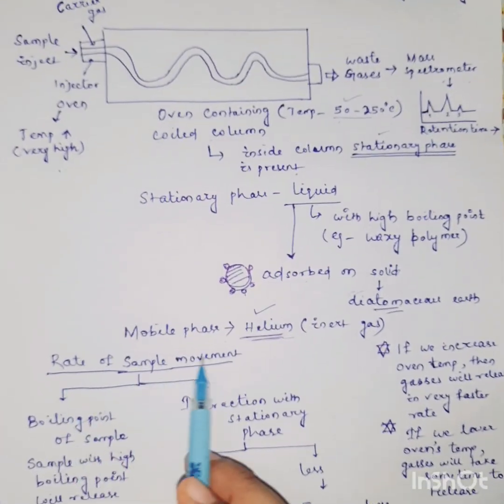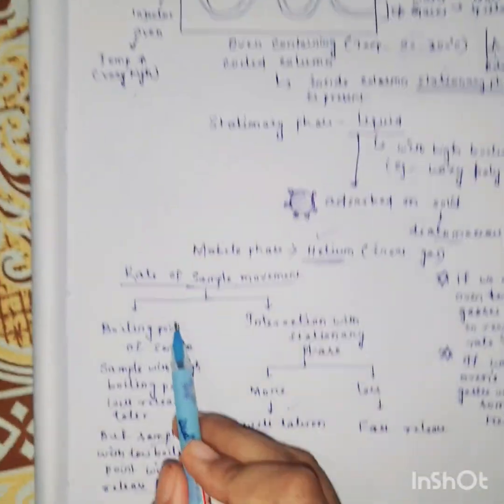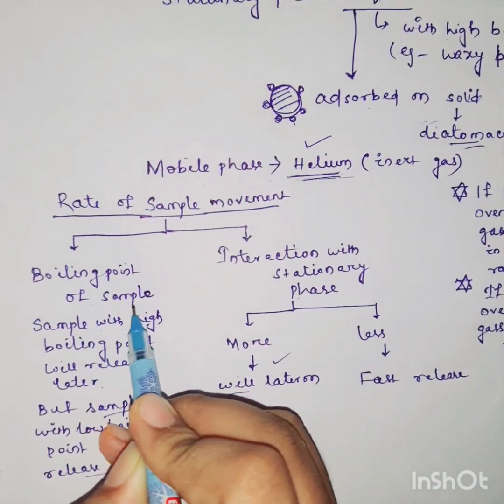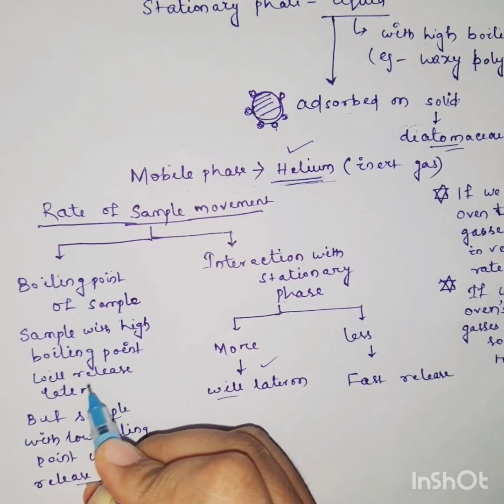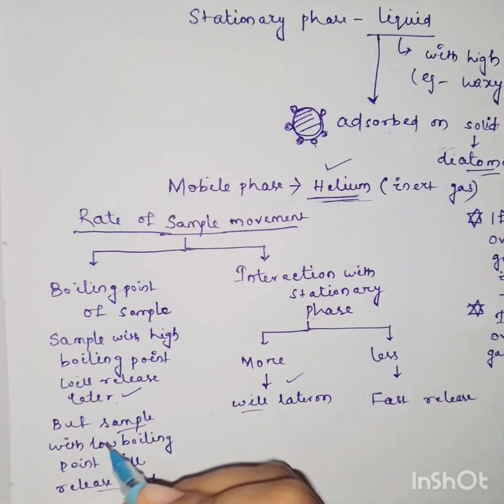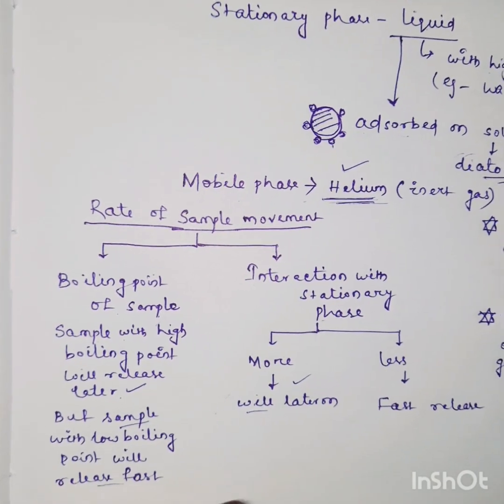The rate of sample movement through this coiled column depends on two factors. One is the boiling point of the sample. A sample with a high boiling point will be released later on, but a sample with a low boiling point will be released fast.